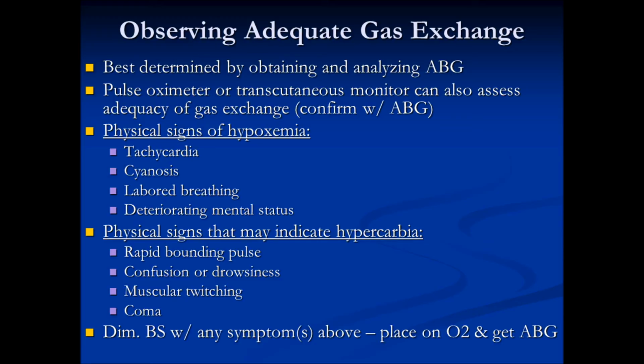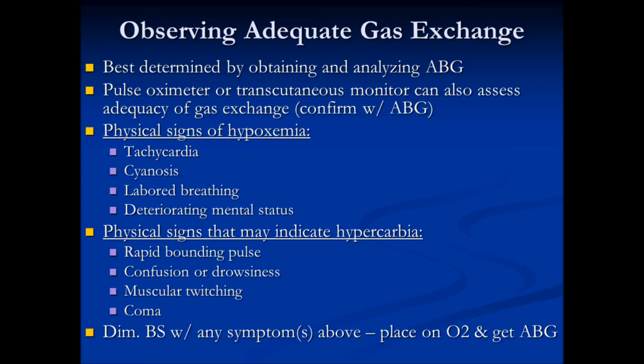Muscular twitching is another indicator, as well as coma. So if the patient has hypercarbia, you should also be thinking that my patient is not ventilating, right? Because an increased level in CO2 indicates ventilatory failure and respiratory acidosis, if you want to go way back to the first month of the program.